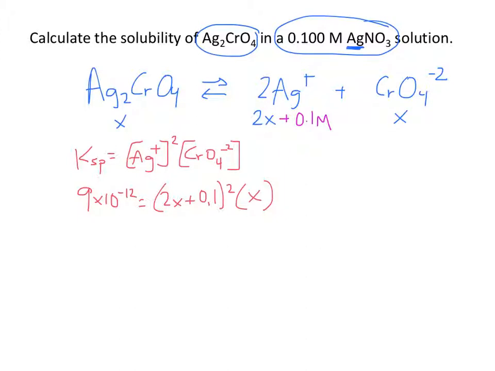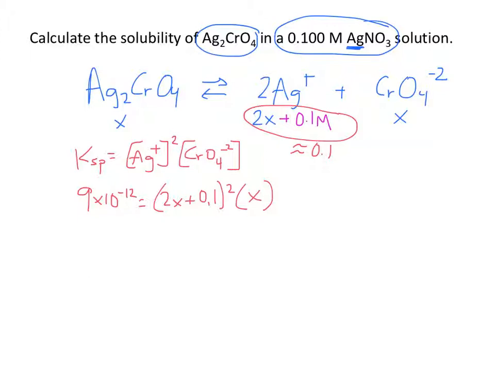So the common ion effect says that the presence of a common ion will decrease the solubility, which means the 2x is going to be smaller than it was before. So what we can say is that 2x plus 0.1 is approximately equal to 0.1, because the 2x should be small.